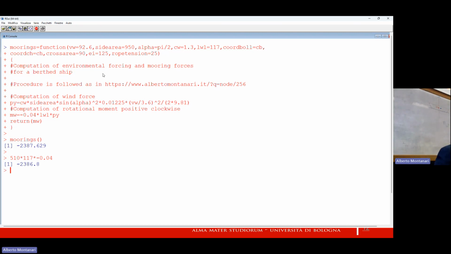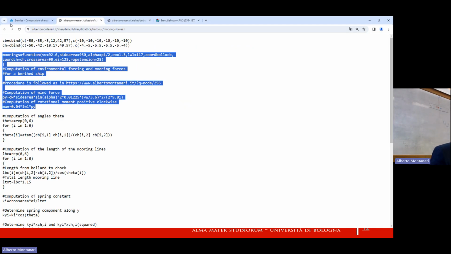This is the rotational moment. Now we have the wind forcing and the rotational moment. And now we can compute the mooring forces. How to compute the mooring forces?